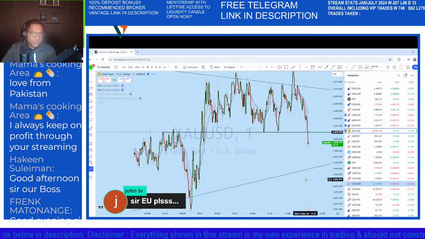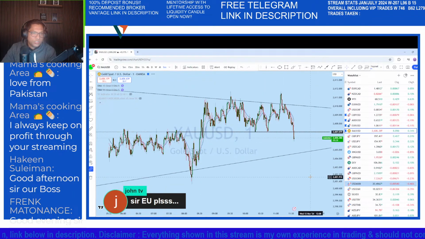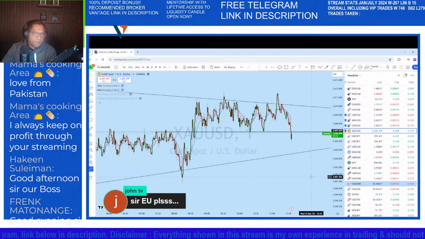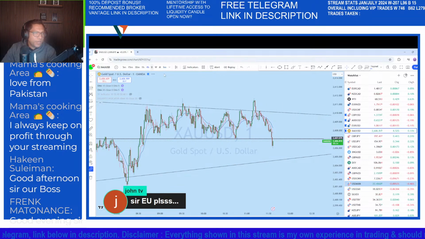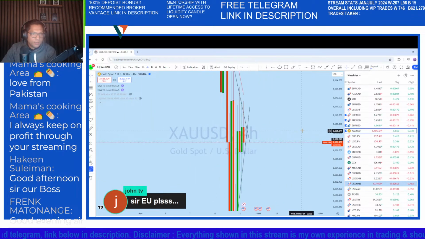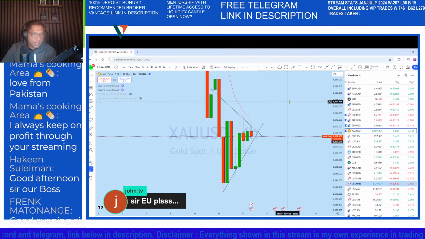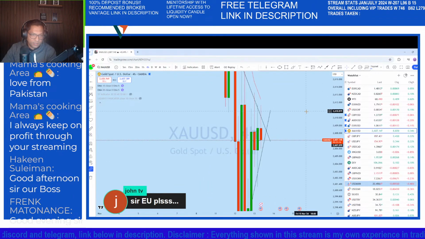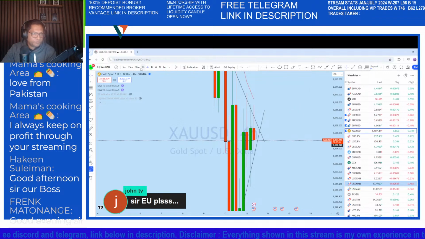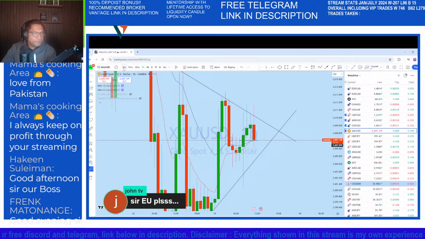The market is melting in that direction, and eventually we see that there is a support break, and from that support break, we expect the market to trend again in the upside direction.